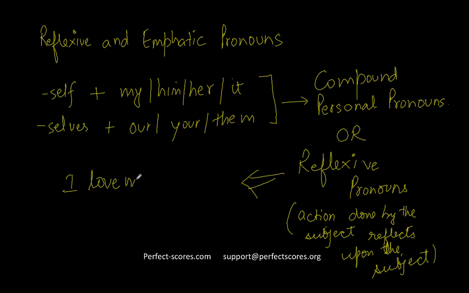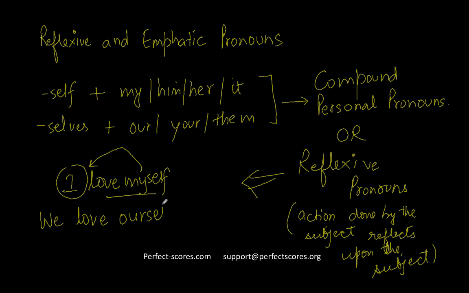I love myself. Now in this sentence, the subject is I, and this action also reflects back to the subject, which is I. For example, we love ourselves. The subject is we, and this action is reflected back.